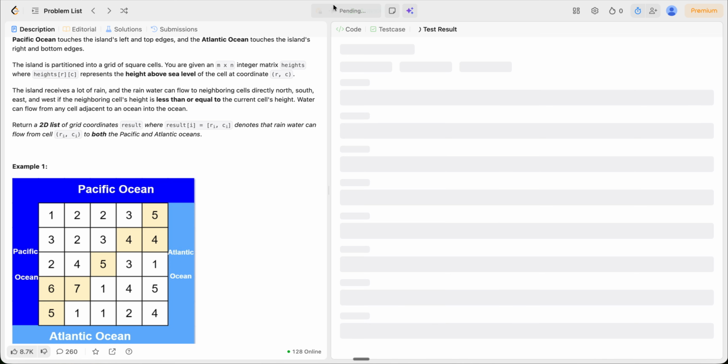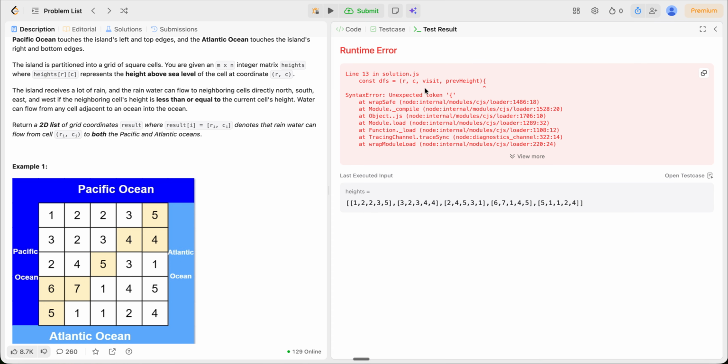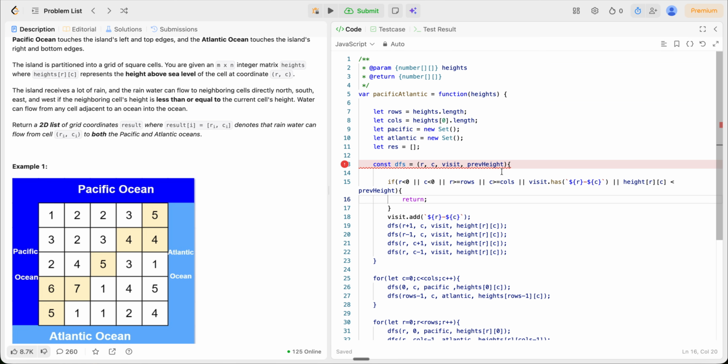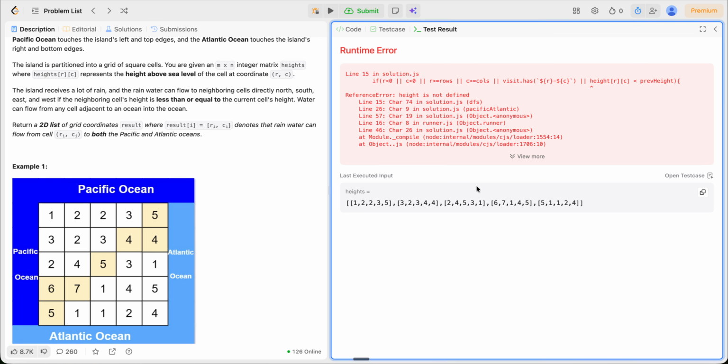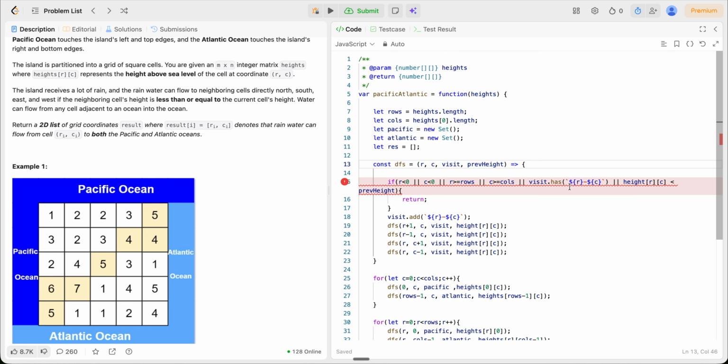Let's try to run it. Cool, 1 second. Okay, this should be having an arrow function. This should be heights of r comma c.